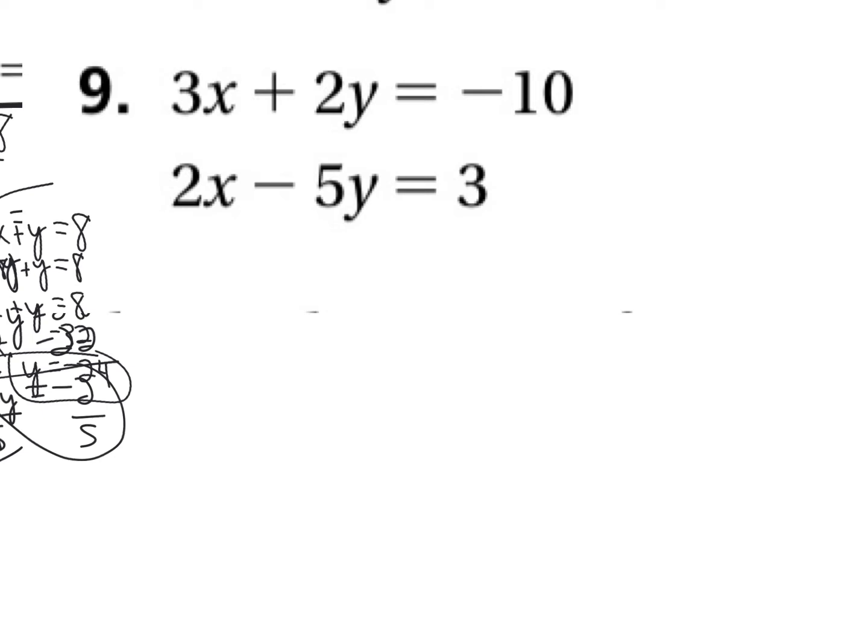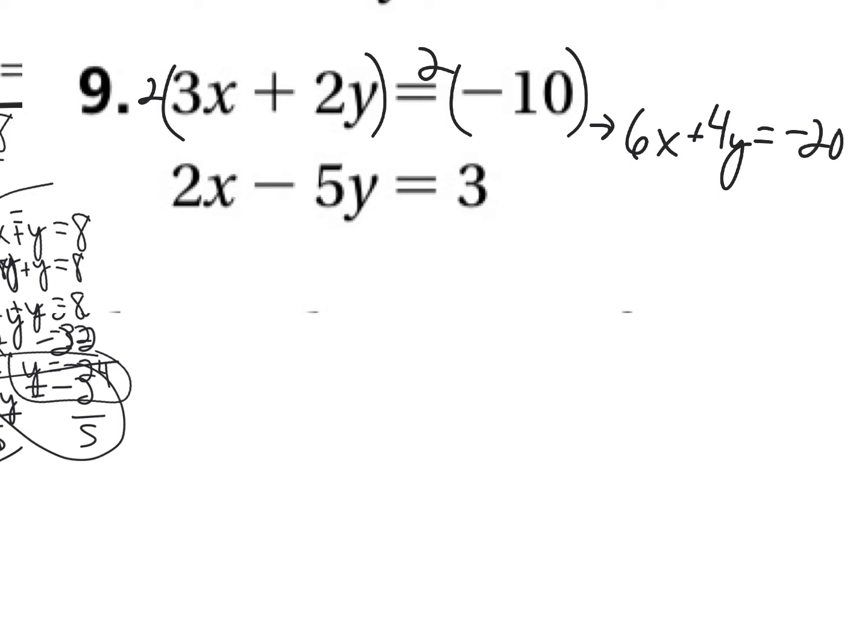With 2 and 5, the least common multiple would be 10. So 6 is a smaller number, so I'm going to go with that. And what we need to have happen is they need to be opposites of each other. So this one's going to be 6x, then the other one would have to be a negative 6x for it to cancel.